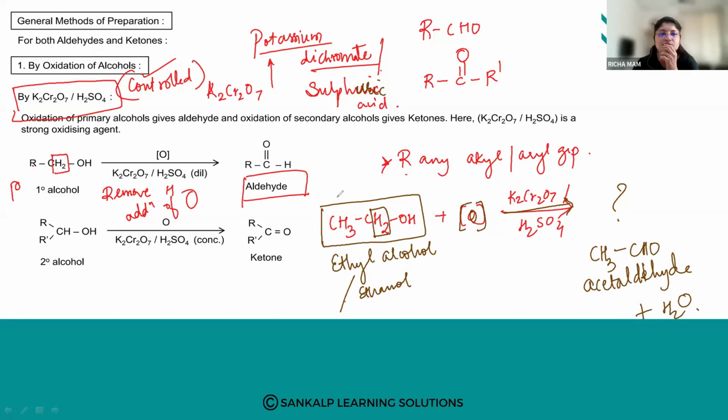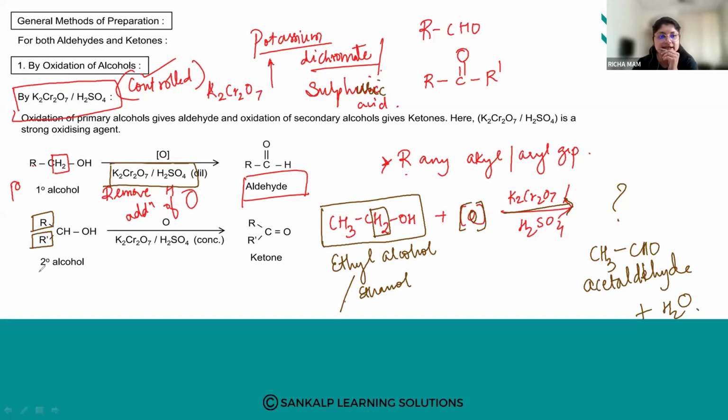So this is the compound. What is controlled oxidation? If you take a primary alcohol and treat it with this particular reagent, you will yield an aldehyde itself. This is with respect to primary. If you take a secondary alcohol, you can see there are two R groups, which can be any alkyl or aryl groups.